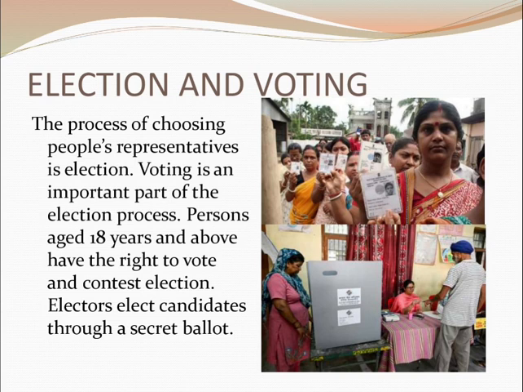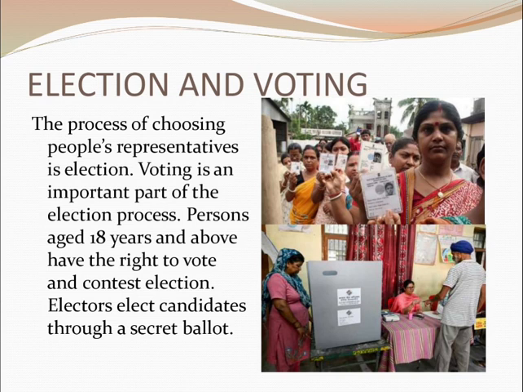Sixth important process is seeking the vote on a specified date. Seventh important process in the election is counting of the votes and announcement of the results. Last one is publication of the list of the successful candidates. Here, the list of the candidates who won in the election will be declared.